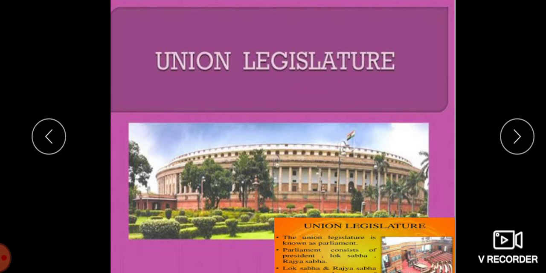The Constitution of India has provided for a federal system of government, though the term federation has nowhere been used in the Constitution.